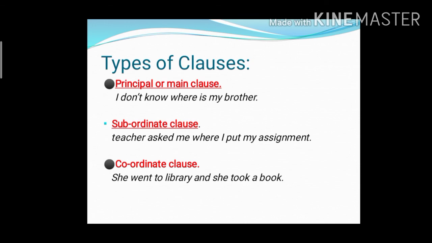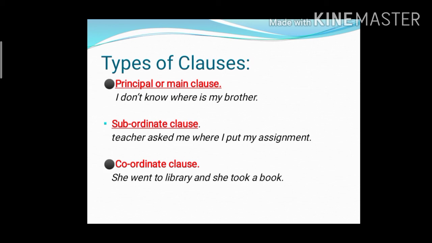Further, clauses have been categorized into these three groups: principal or main clause, subordinate clause and coordinate clause. A principal or main clause may be defined as such a type of clause that stands by itself alone and conveys a specific meaning. It is also called an independent clause.